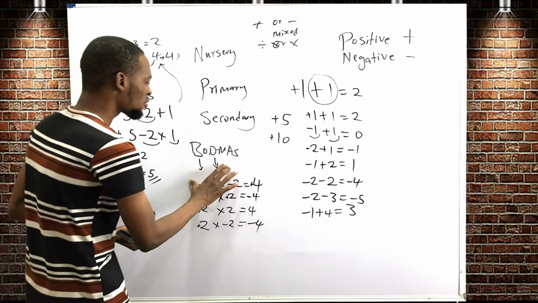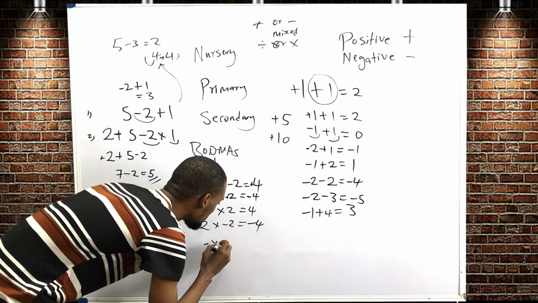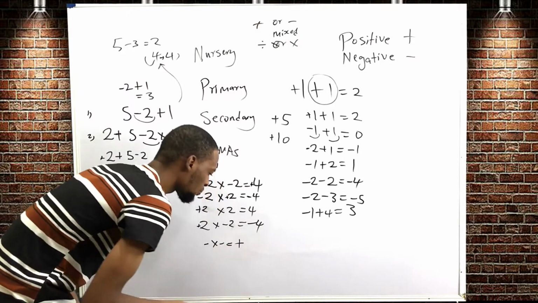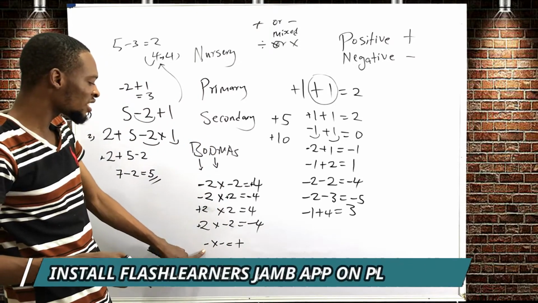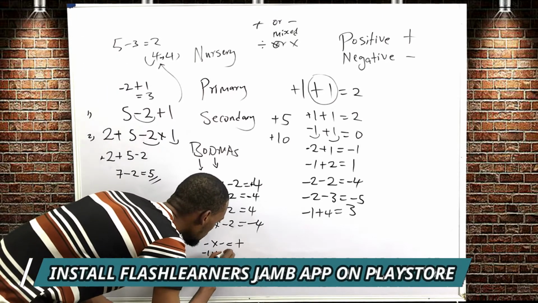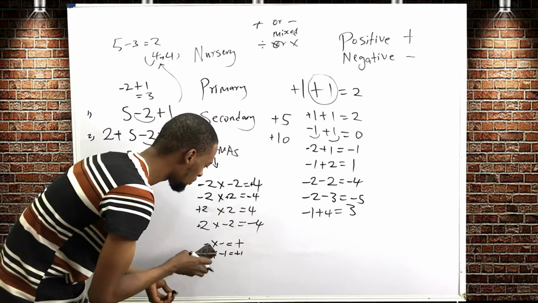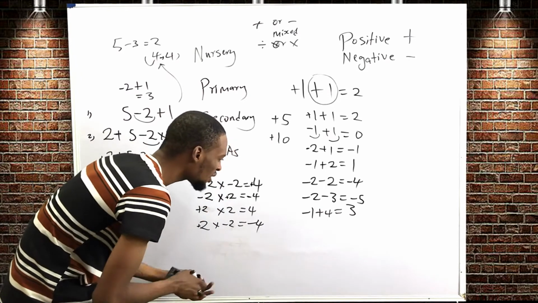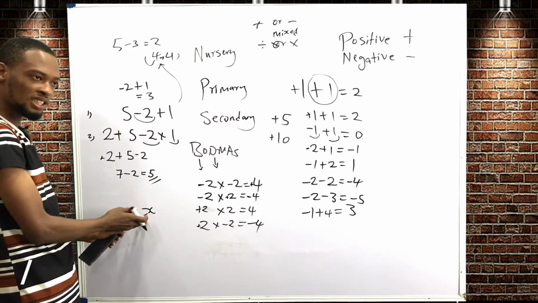So from this, we can deduce that minus times minus is equal to plus. And minus standing alone is the same thing as minus 1. So you can say this is the same thing as minus 1 times minus 1 is equal to plus 1. Because when you have a sign like this, it is the same thing as 1.